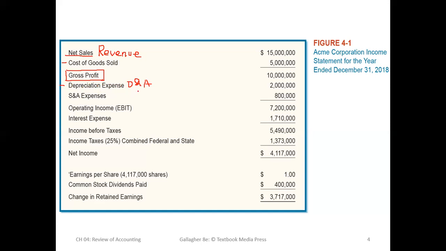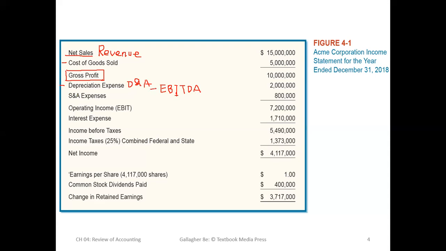Okay, here you're supposed to have one called EBITDA. It is called earnings before interest and tax plus depreciation and amortization.